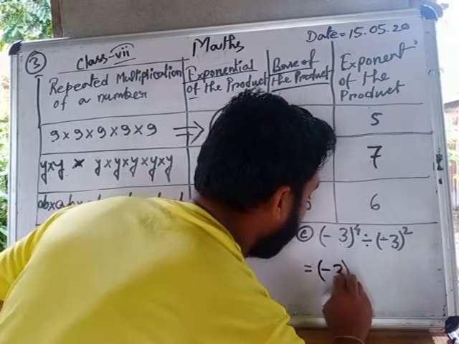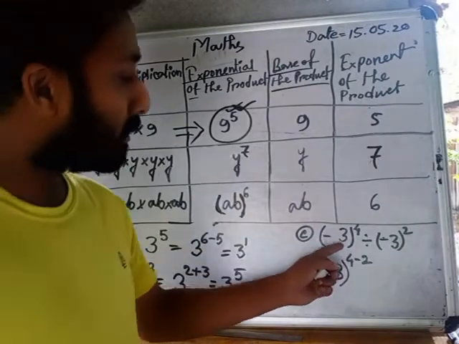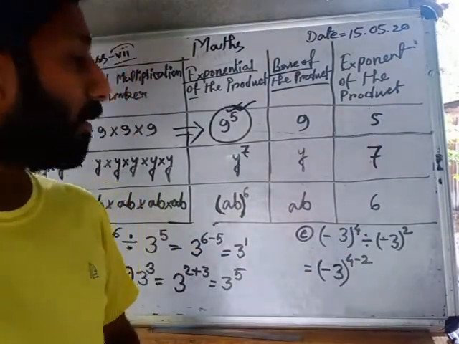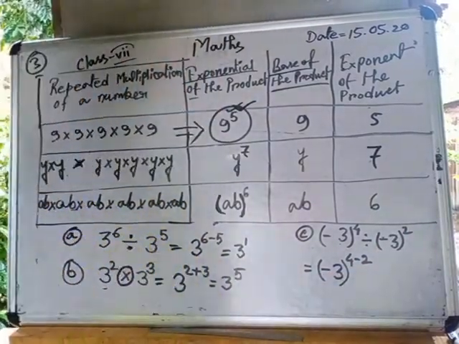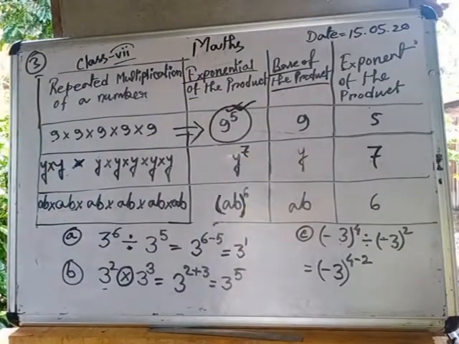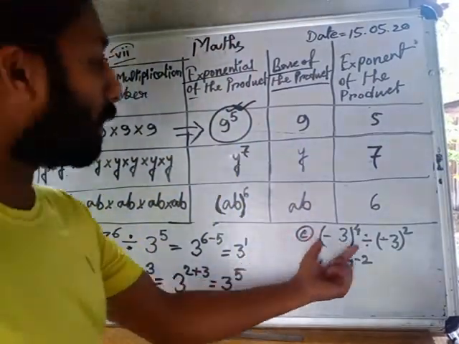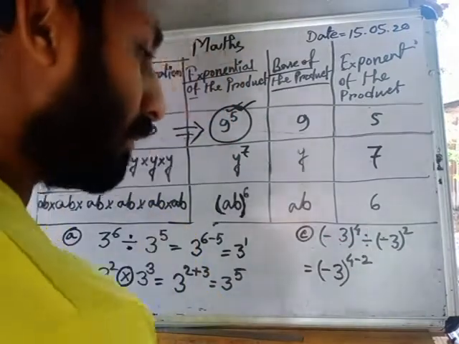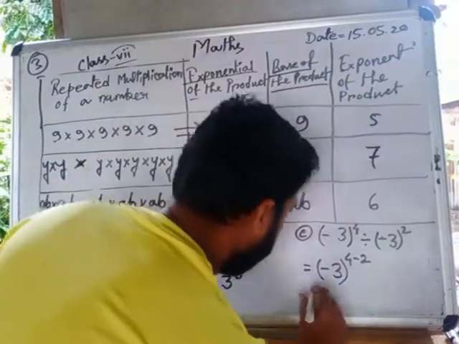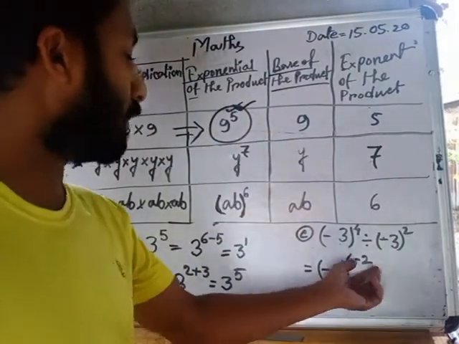Minus 3 to the power 4 minus 2, because this power is 4, divided by minus 3 squared, so minus 3 to the power 4 divided by minus 3 to the power 2 gives minus 3 squared, because 4 minus 2 is 2.